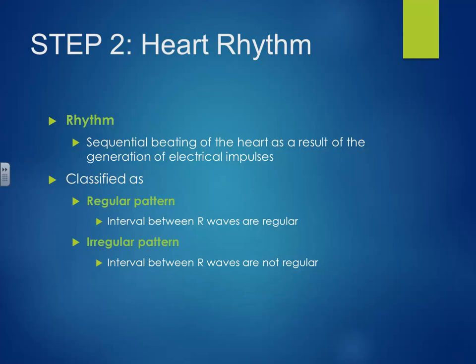So your rhythm. We're looking to see, is it regular? Is it irregular? And if it's irregular, is it showing a predictable irregular pattern? All right. PVCs. Bigeminy PVCs. I'm predicting that after each QRS, there is going to be a PVC.